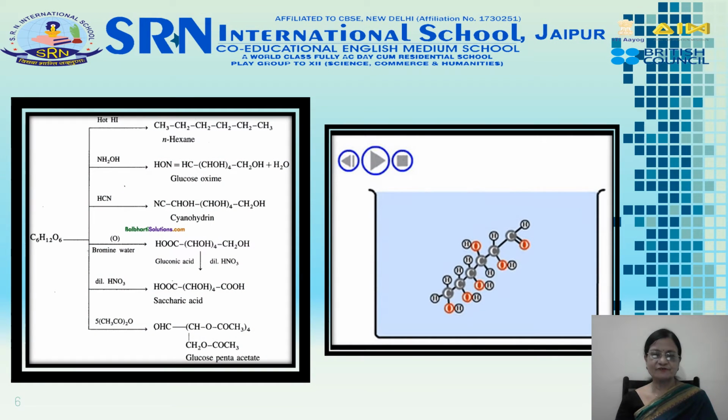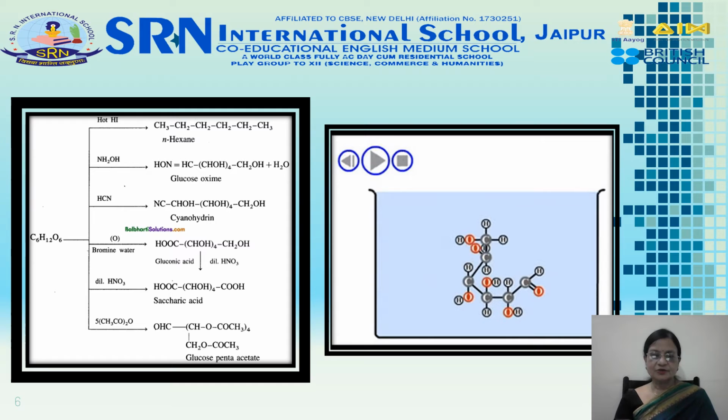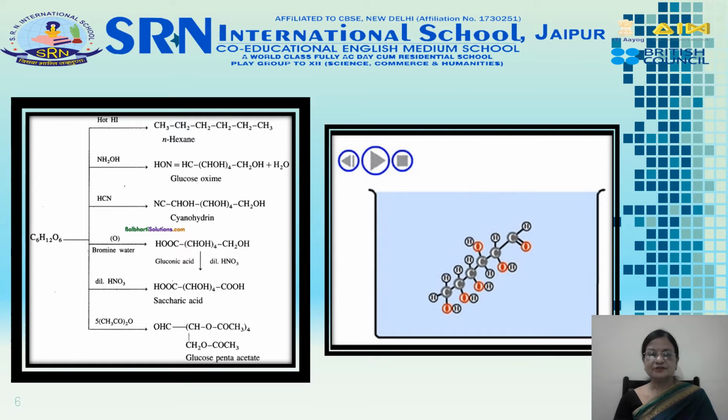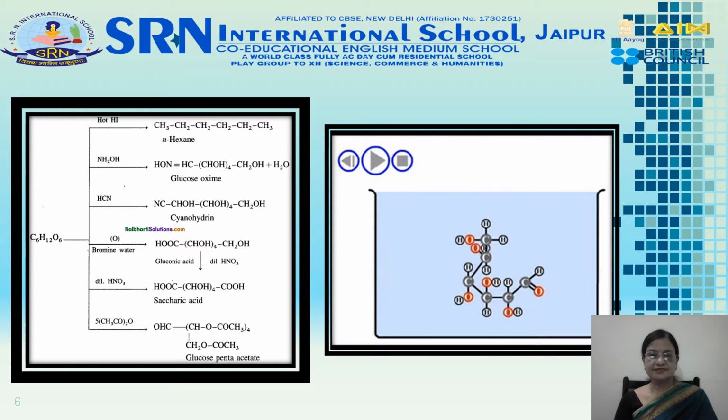The reactions of glucose. Glucose reacts with various reagents and its structure can be elucidated from these reactions. Glucose reacts with hydrogen iodide, that is HI, to give n-hexane, which is a straight chain carbon, indicating that glucose has all the 6 carbons in a straight chain.